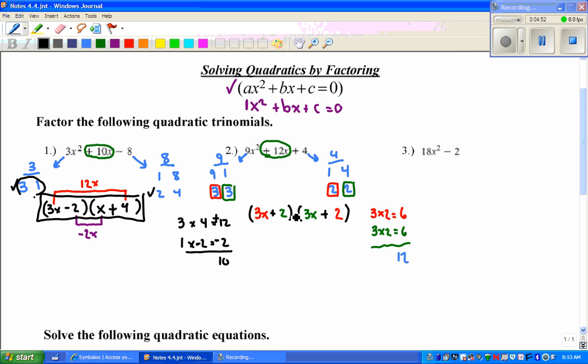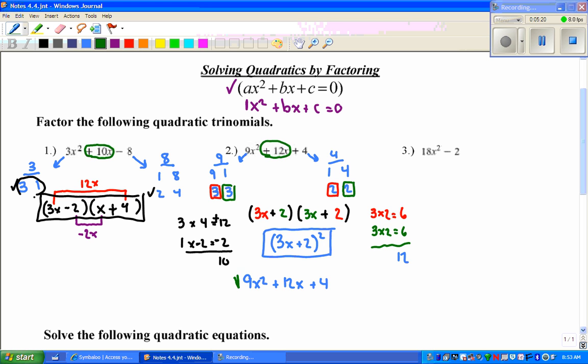Now what you notice is both of these binomials are exactly the same. So a better way to write this would be 3x plus 2, and if they're exactly the same, you can write it squared. Now a shortcut for that is if you notice that you have this 9x squared plus 12x plus 4, this is a perfect square.